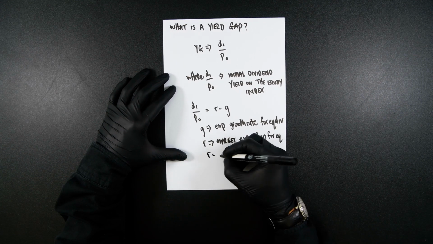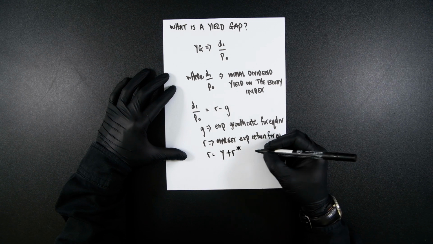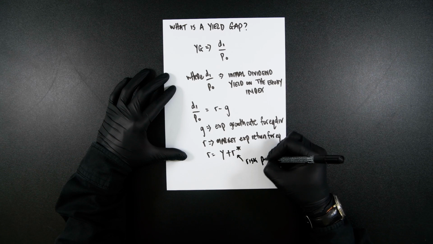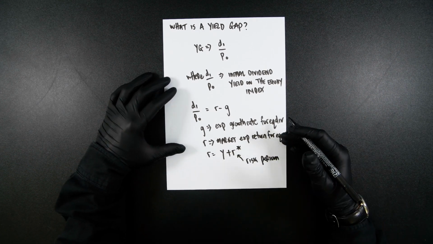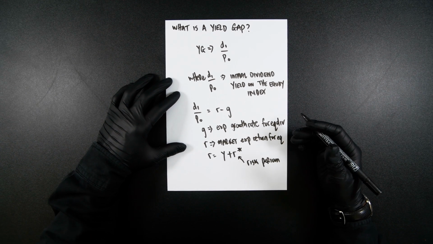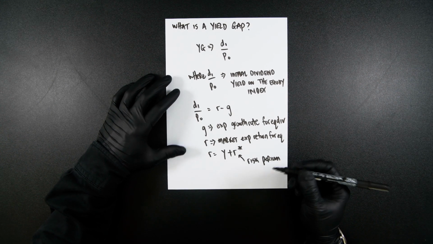So R would equal Y plus R star, and this R star is what's called the risk premium. So this is the risk associated with doing the investment, and Y is the redemption yield of the government bond.